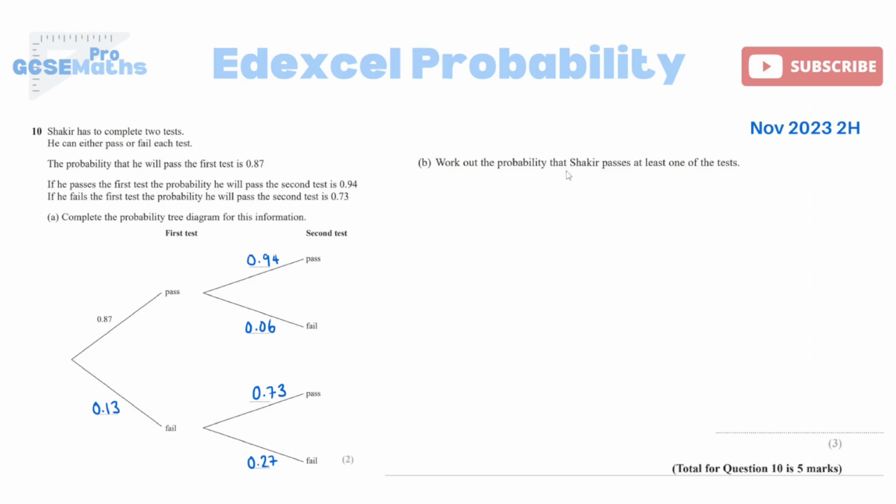So work out the probability that Shakir passes at least one of the tests. So now I need to highlight on my tree which options satisfy this sentence. So for example, it said at least one of the tests, he has to pass at least one. So he could pass the first test and then fail the second. Another option is that he fails the first and then passes the second.